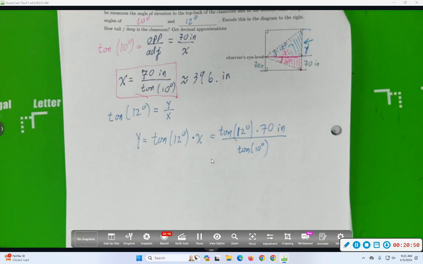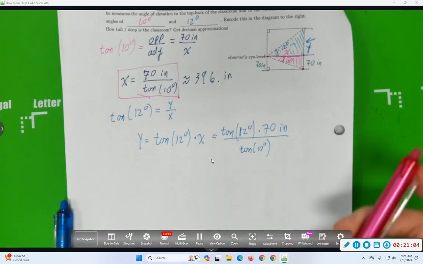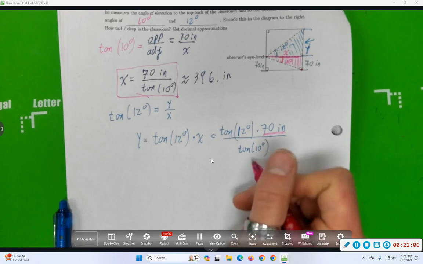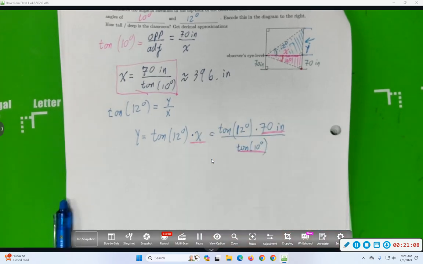And now, in order to avoid this propagating around here, I now have a formula for the side length y. Anything suspect there? And so all of that is equal to x. So let's use that.